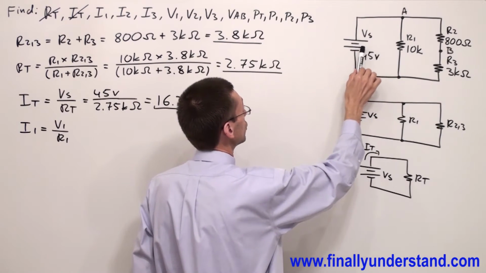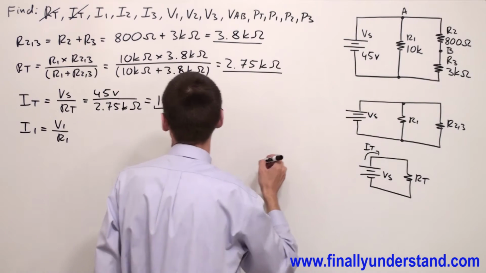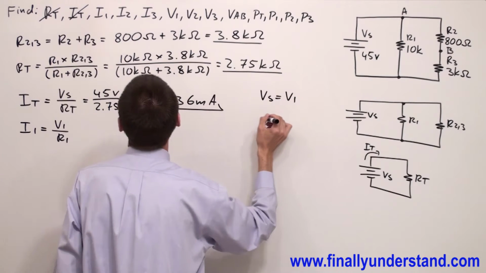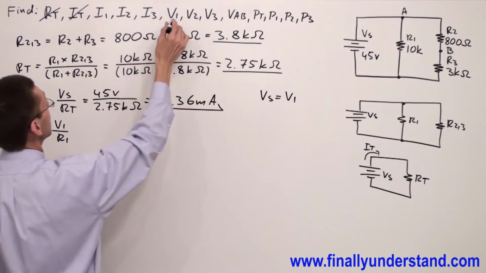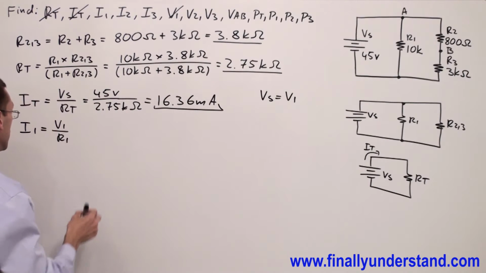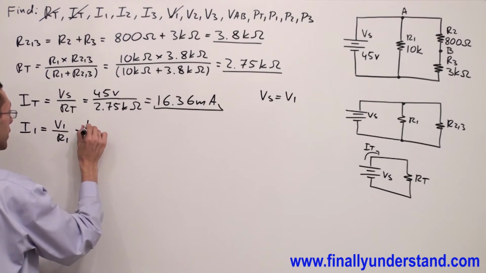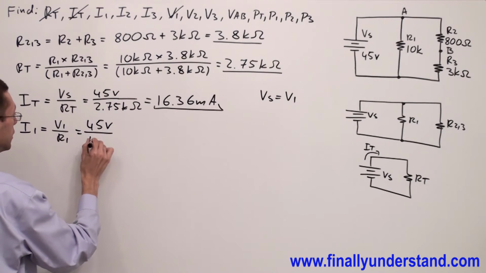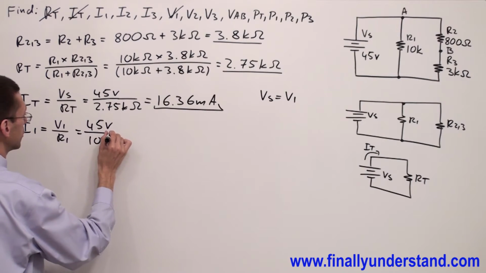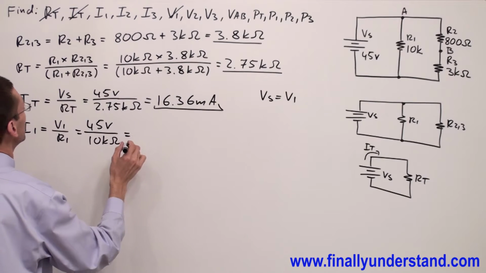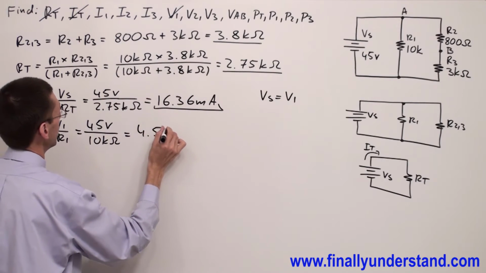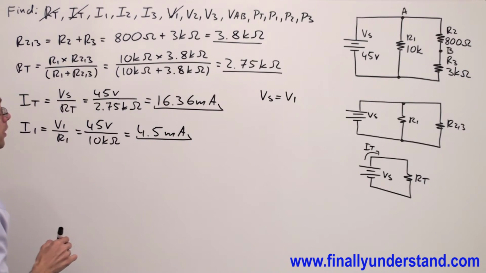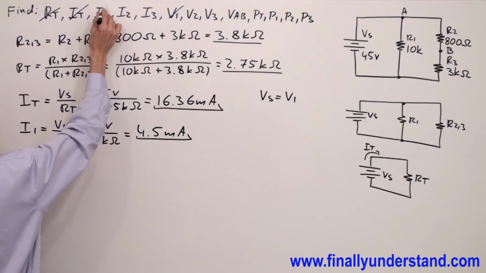That's why the voltage source is equal to V1. Okay, so we can say that we found V1. V1 is equal to 45 volts over R1, 10 kilo ohms. So I1 is equal to 4.5 milliamps. Okay, so this is the current I1.